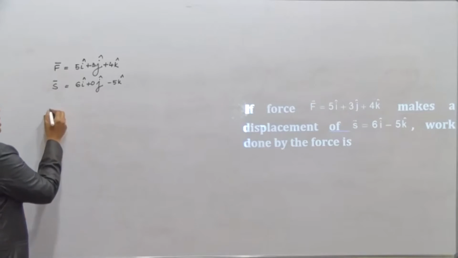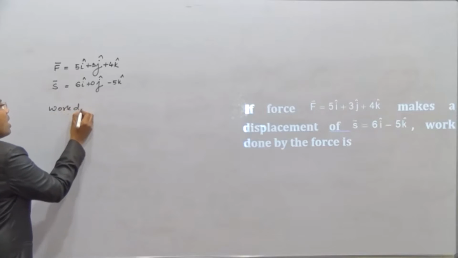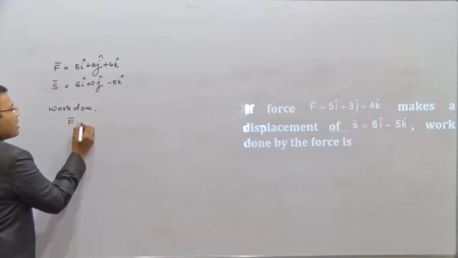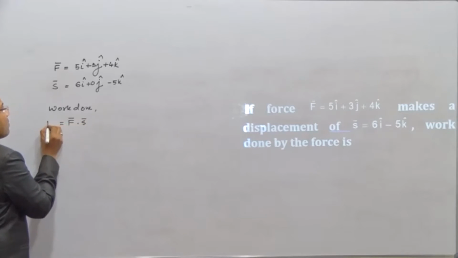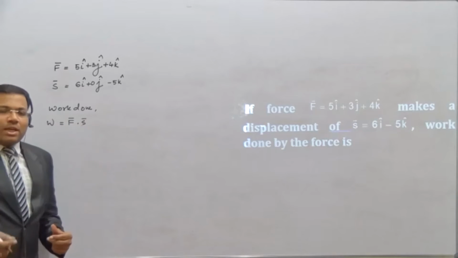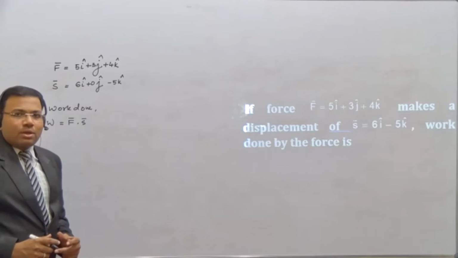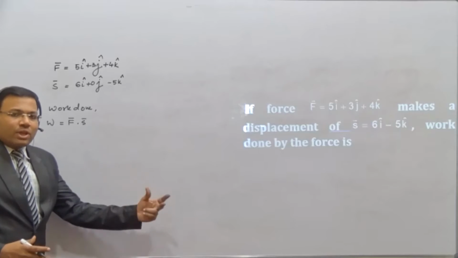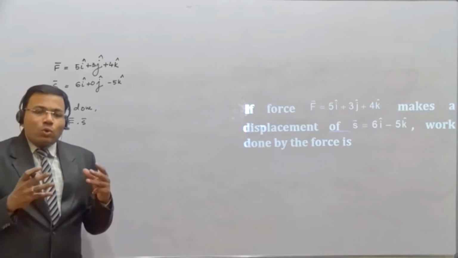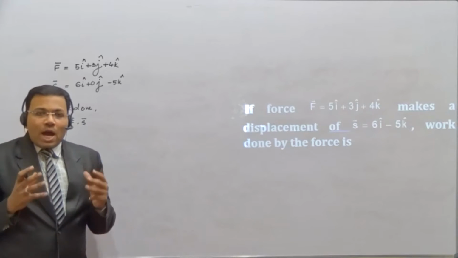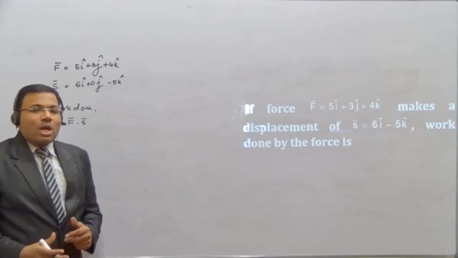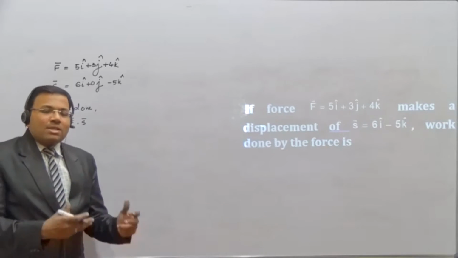Now students, we have to calculate the work done, and as I have given in the example, force into displacement is the work done, that is F dot S. Here we need to calculate the dot product. We have seen A dot B. Here they have not given A dot B. They want to test you, to see how much you have understood the concept of the dot product and whether you can apply it practically or not.